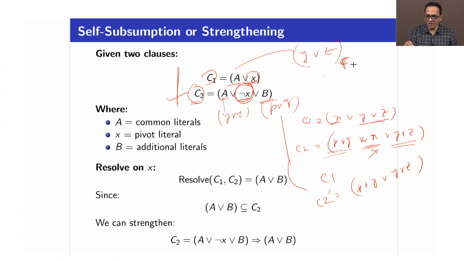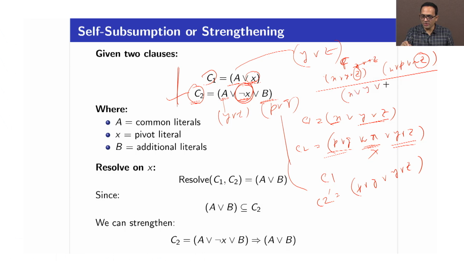You have x or y or z, and another clause x or p or not of z. If I do a binary resolution against z, because z is present here and not of z is present there, the resultant clause will be x or y or p, because x is common here. So this is the resultant clause.